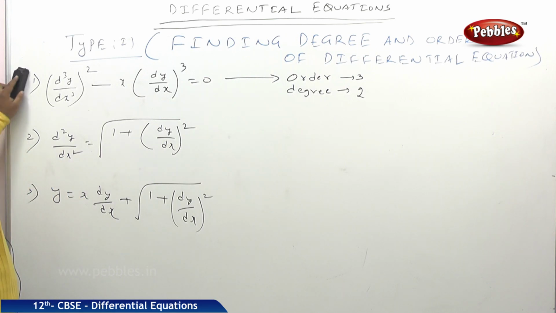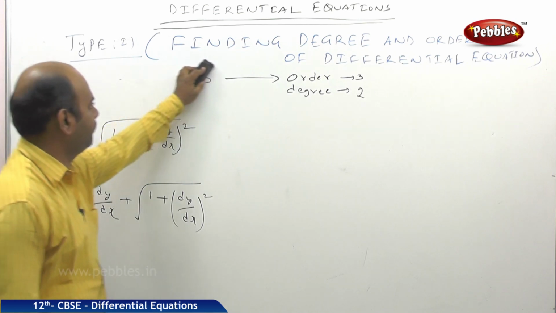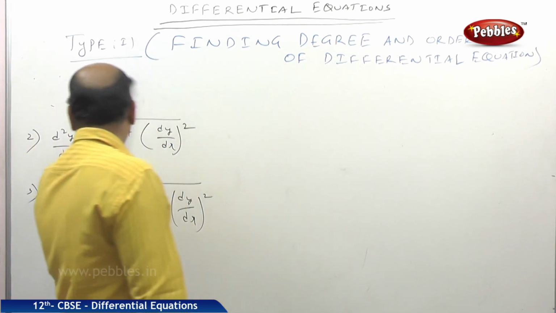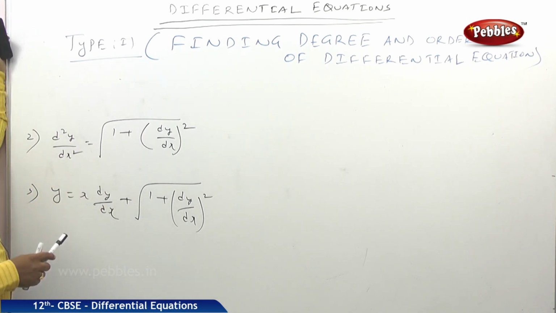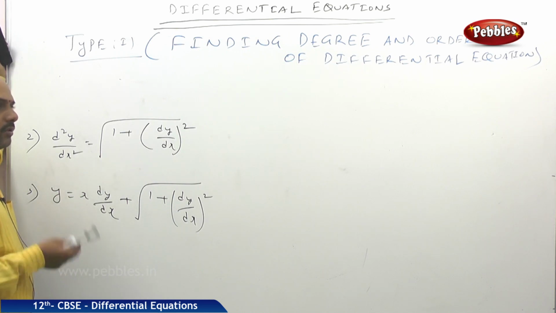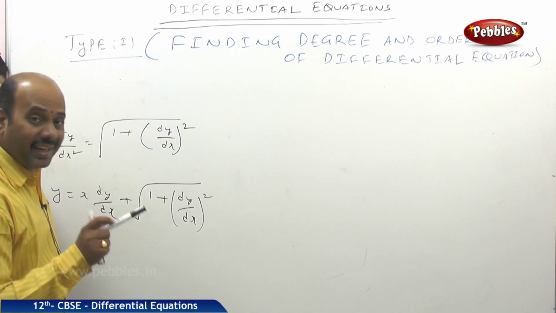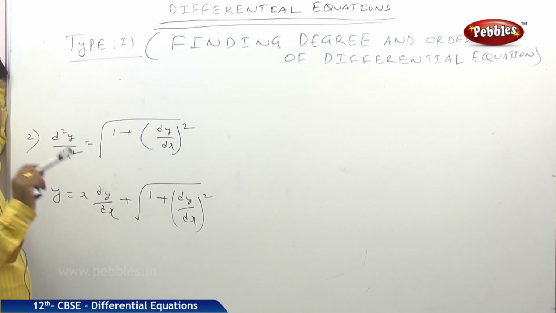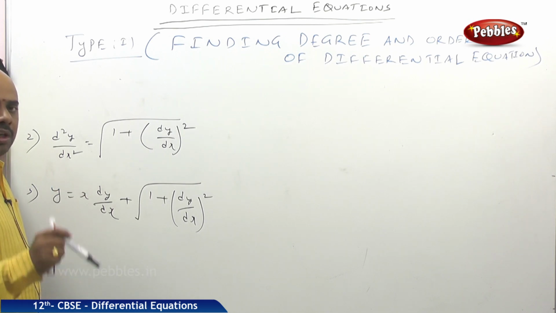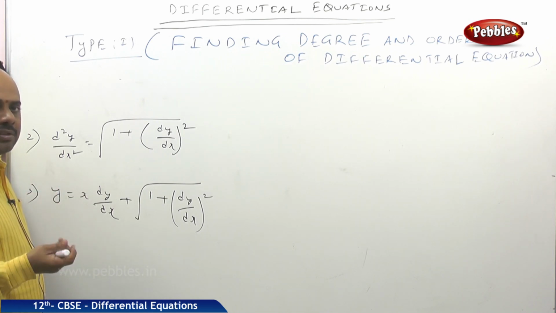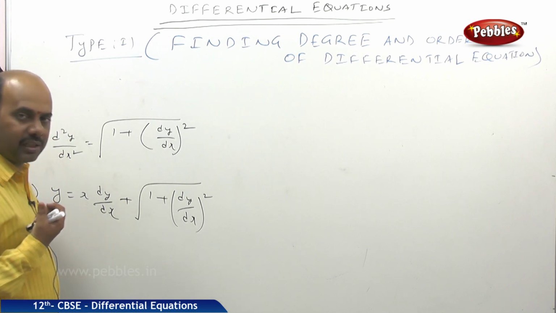Now coming to the second problem: d square y by dx square is equal to under root of 1 plus dy by dx whole square. Whenever this kind of problem comes, try to square on both sides. Why do I suggest this? When you frame a differential equation, we need to get it in polynomial form.